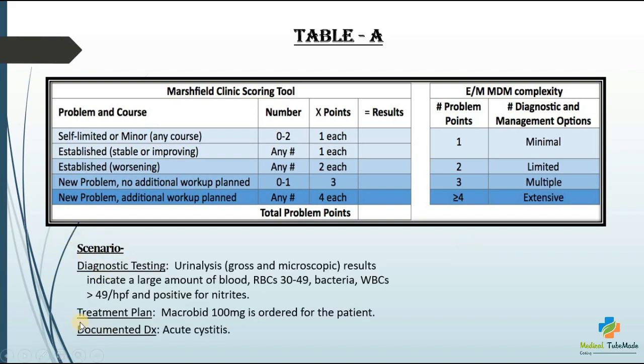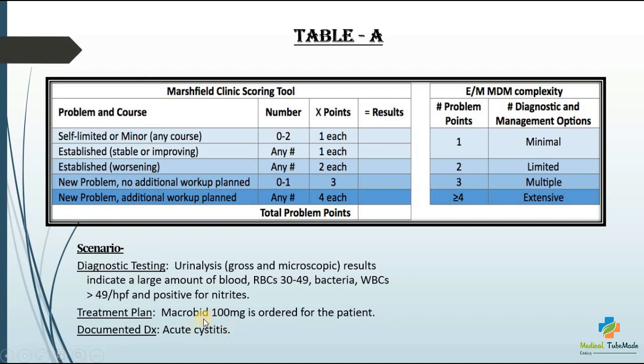In this scenario you can see here diagnosis, acute cystitis. The patient came for acute cystitis, and for that condition the doctor has prescribed a drug and also ordered labs. So you can see urine analysis, WBC, RBC; this is the lab order. So for that condition the doctor has ordered labs. So this is a new problem with workup.